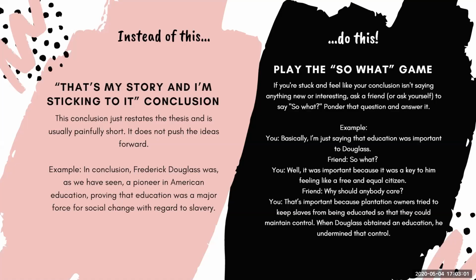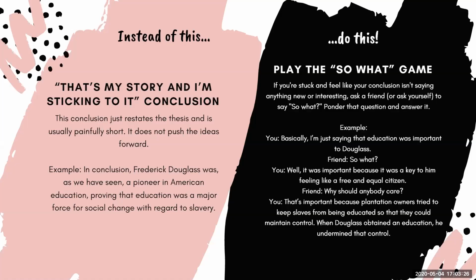So on the left in the pink area is going to be a conclusion you don't want to do, and on the right is how you might fix that conclusion. So essentially this section is going to give you a do not and a way to fix that do not for every one of these slides. So that's pretty much what's going to happen in this next section.